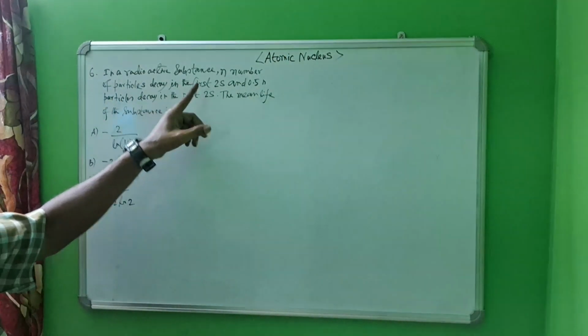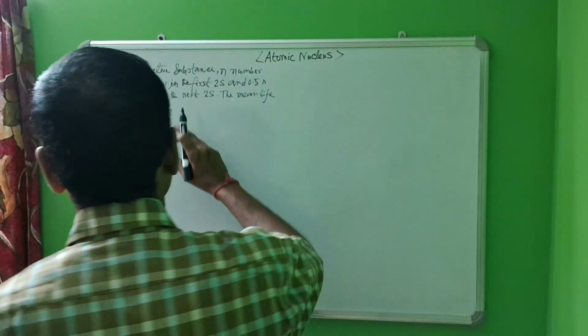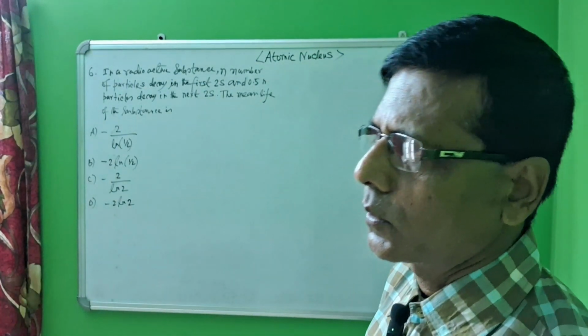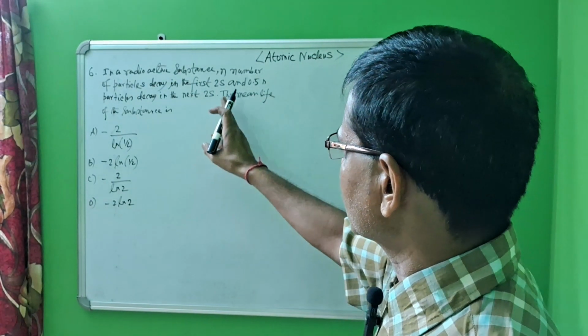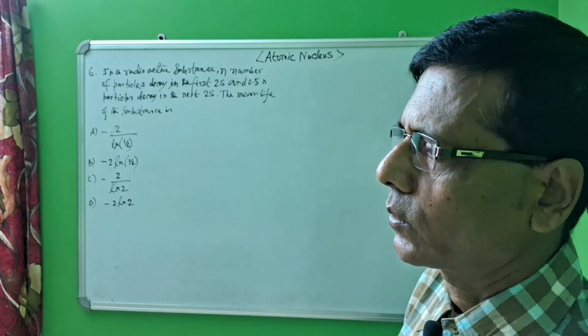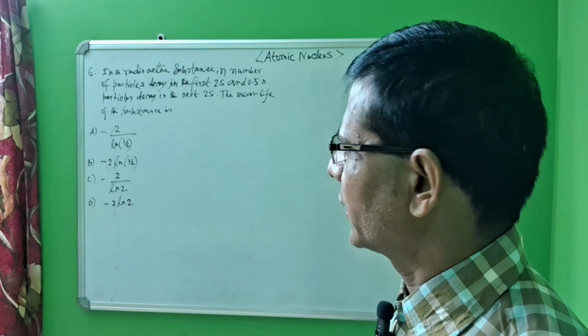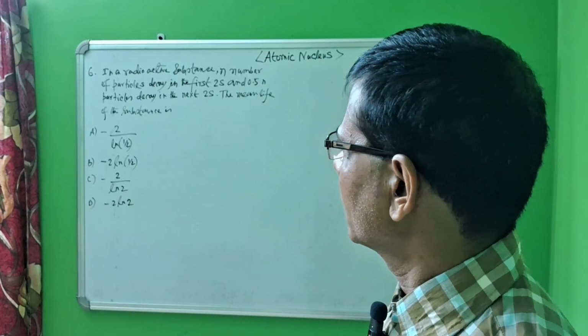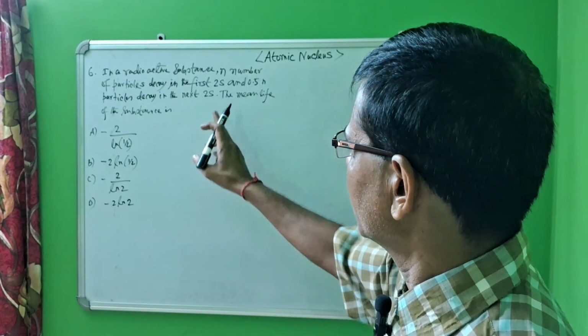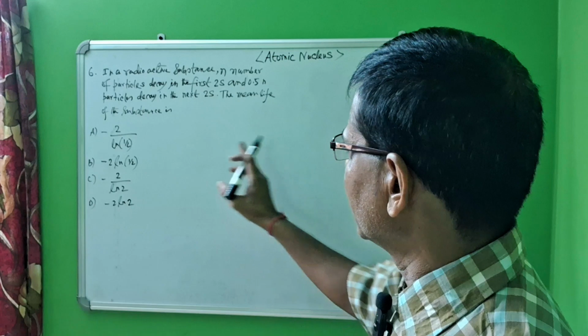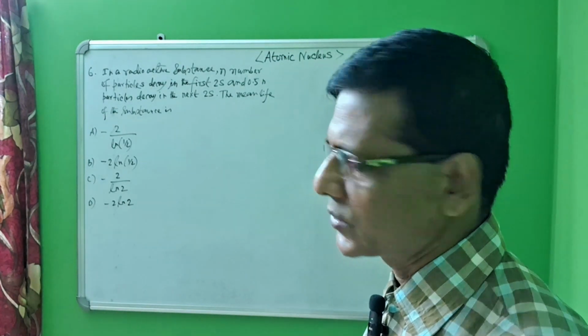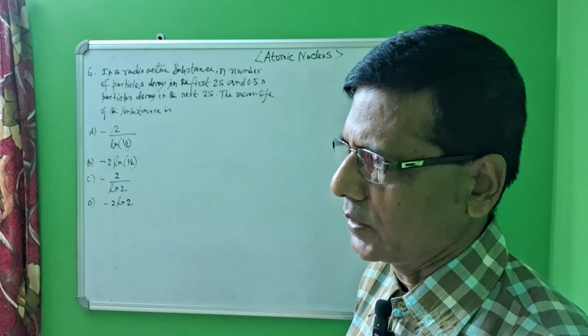In a radioactive substance, n particles decay in the first 2 seconds, and 0.5 n particles decay in the next 2 seconds. The mean life of the substance is this. 4 answers are given here.